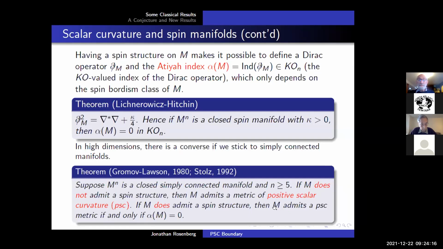But what Stolz eventually proved was that M admits a positive scalar curvature metric if and only if alpha of M is equal to 0. And again, the method of proof of Stolz was rather complicated. It's not supposed to be obvious by any means.